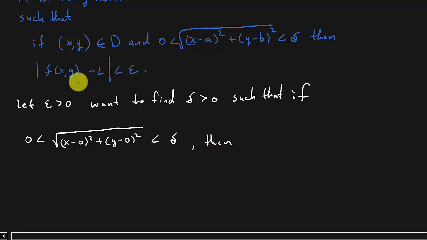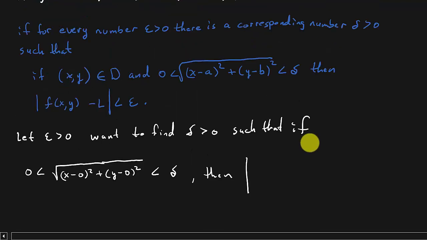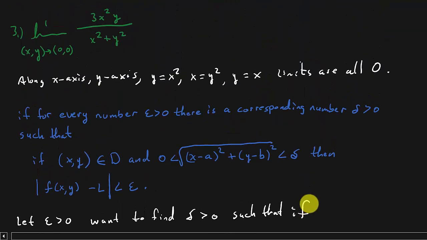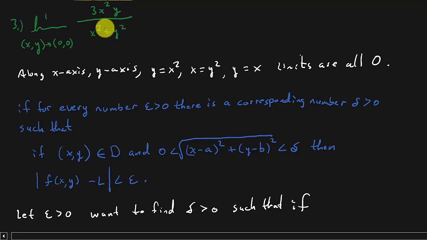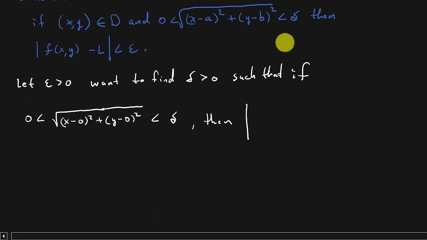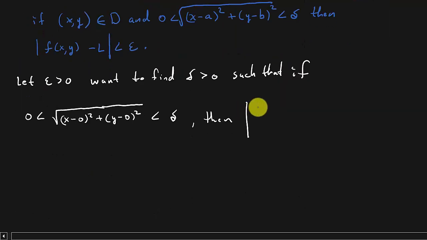Then I have this part. I've got the absolute value of f of (x, y) minus L. So f of (x, y), that's this 3x squared y over x squared plus y squared, minus 0, is less than epsilon.